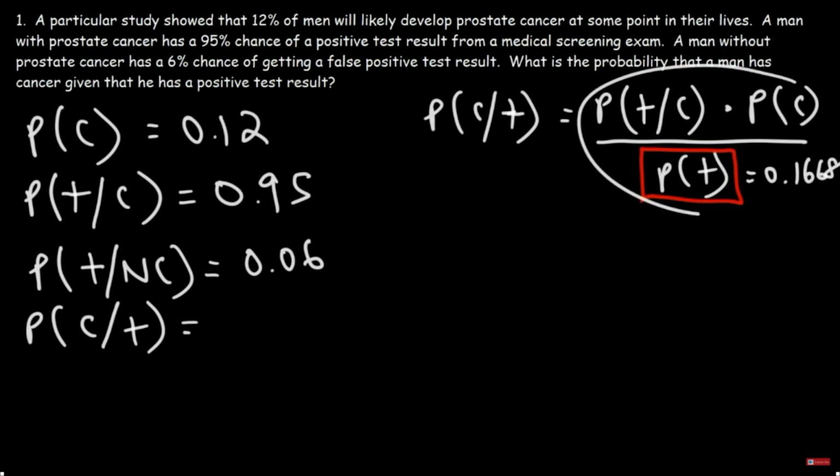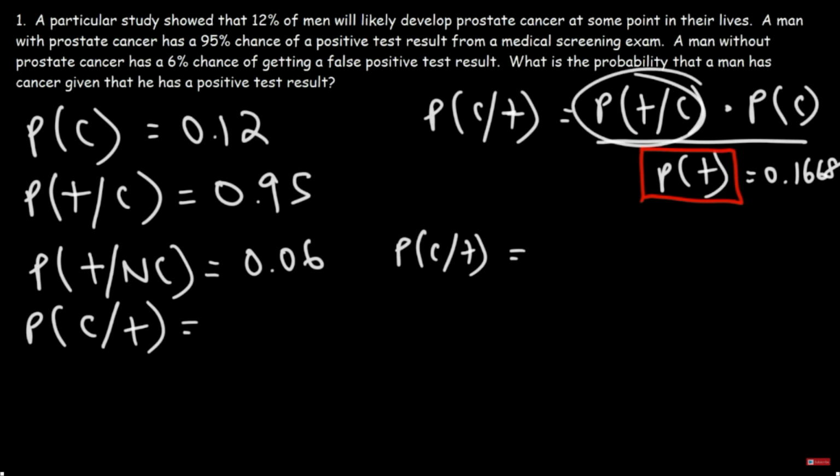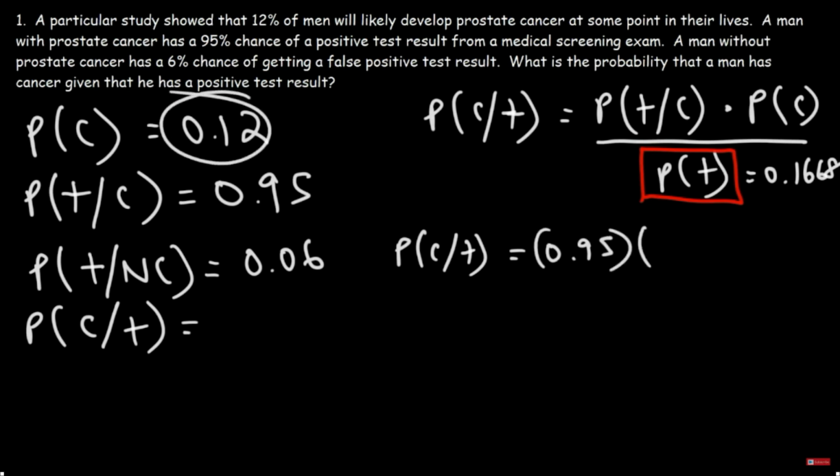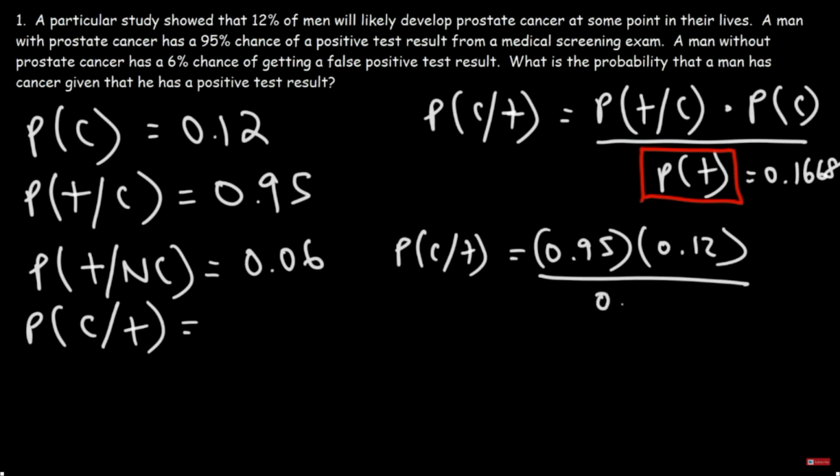Now let's plug in the numbers into this formula. So the probability of getting a positive test, given that the person has cancer, that's 0.95. The probability that the person has prostate cancer is 12%. And the probability that a man will have a positive test result is going to be 0.1668, or 16.68%.